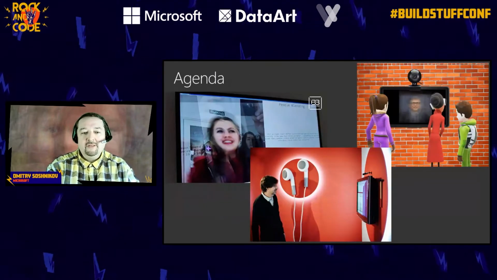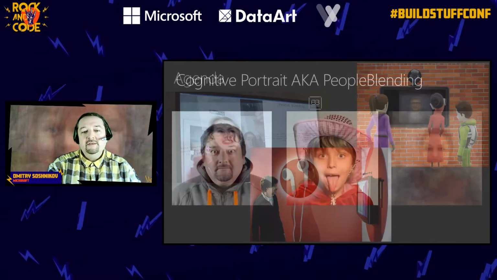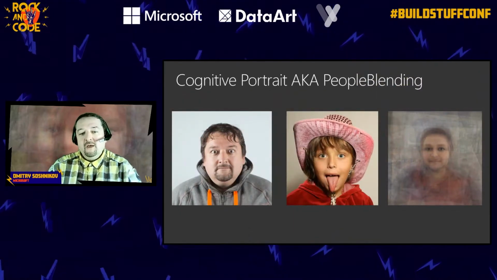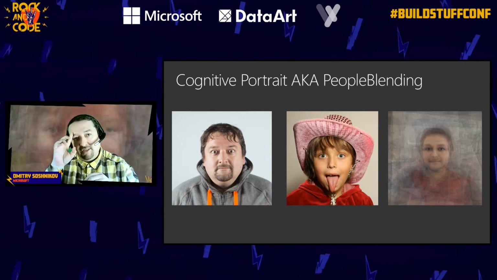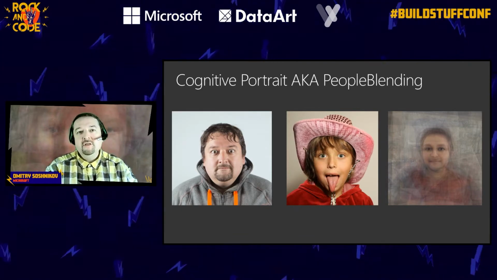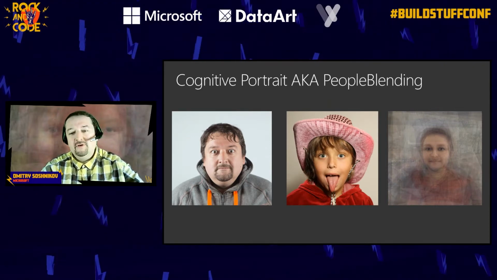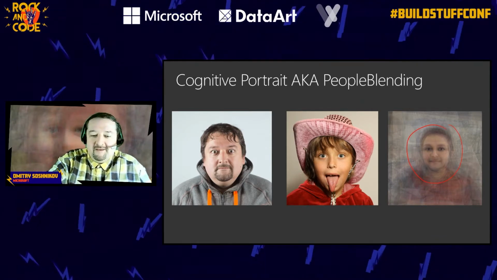And one of the ideas that I have is called people blending, and I will tell you about the exhibit which I built based on this idea. So the idea is the following. If you take a lot of pictures of people and align them in such a way that eyes and some other facial landmarks are exactly in the same position, then if you combine all those pictures together, you get this kind of blended portrait of a person, which looks nice, I think.